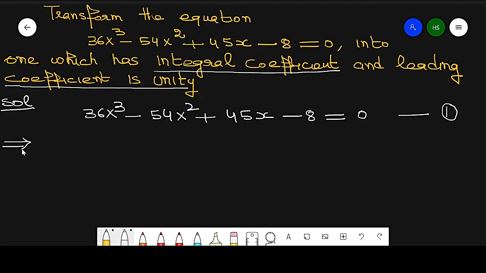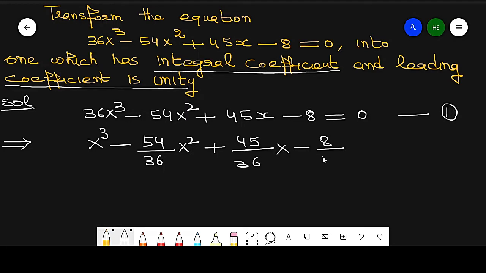Step number 2, to make the leading coefficient 1, we will divide the entire equation by 36. So I get x cube minus 54 by 36 x square plus 45 over 36 x minus 8 by 36 equal to 0.